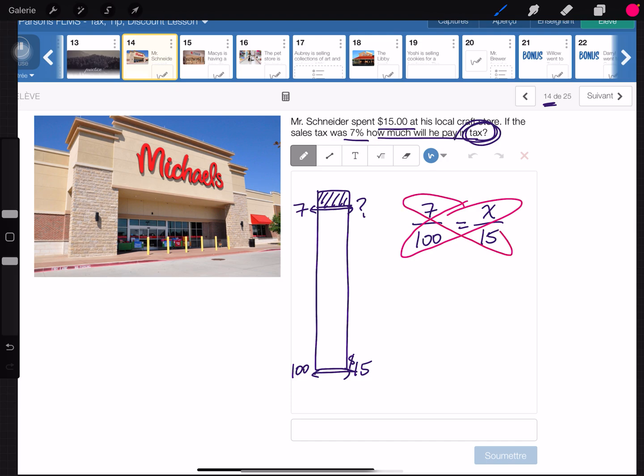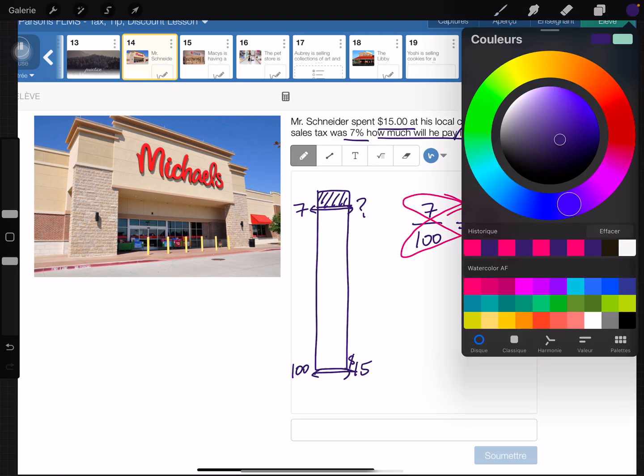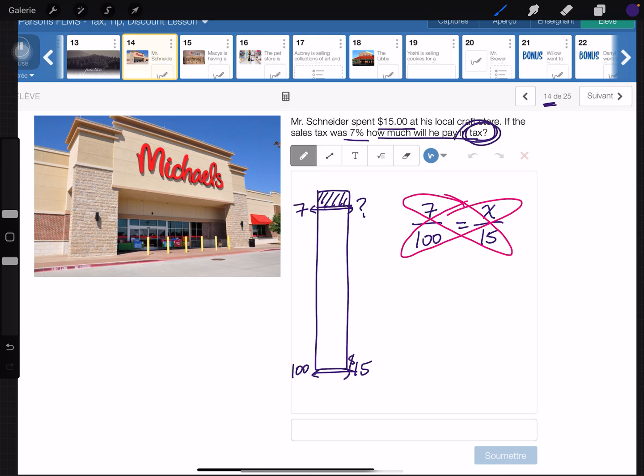So now we have our butterfly method, our cross multiplication, and I'm going to take these two numbers and multiply. 100 times x equals, I'm going to take my other two numbers and multiply, 7 times 15. Now I need to make sure to get x by itself.